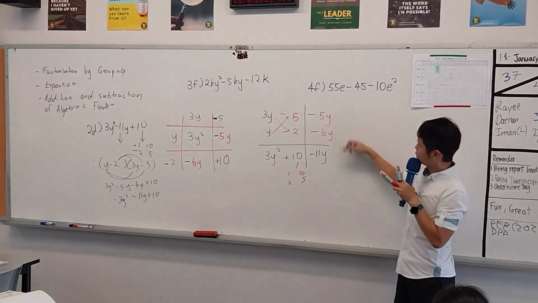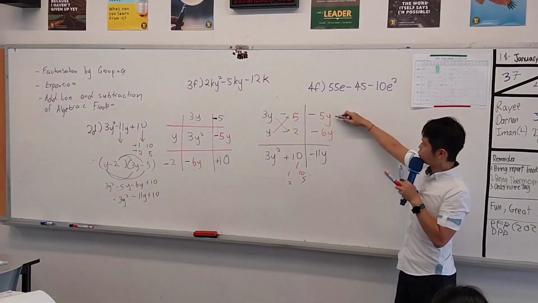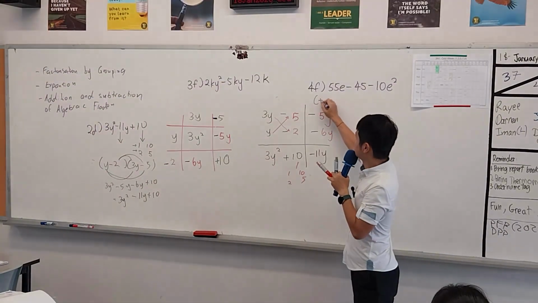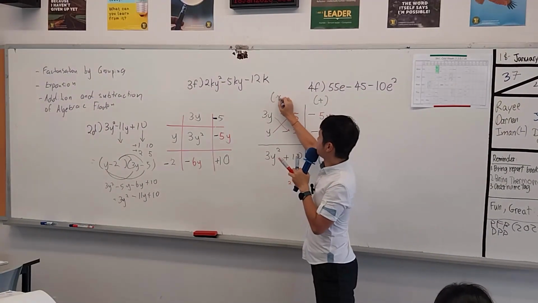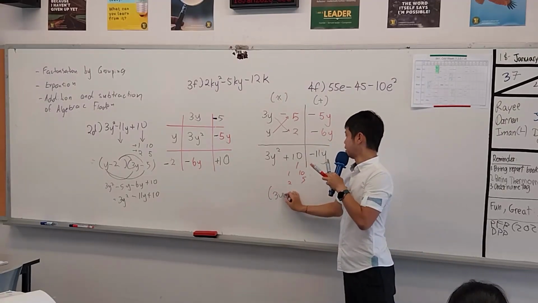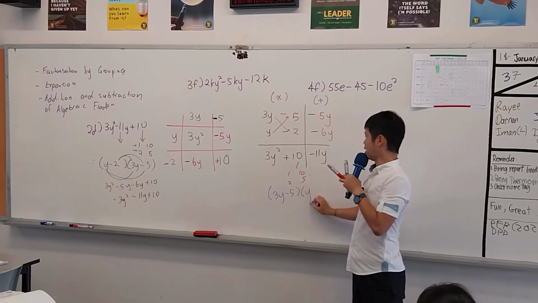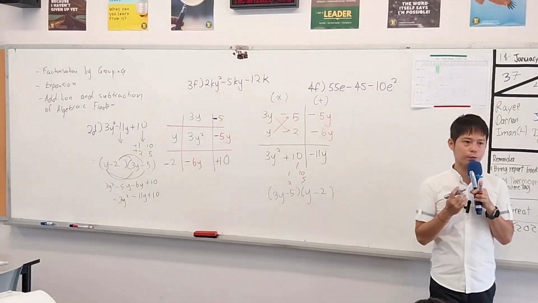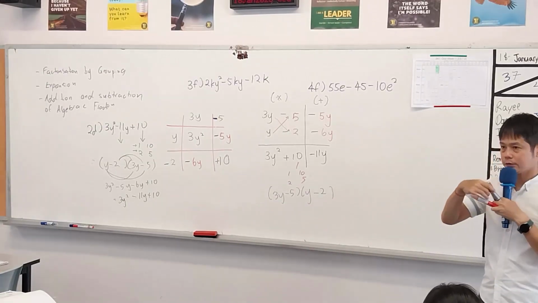I checked already. This one plus this one will give me negative 11. So this part is doing addition. This part is doing multiplication. I will have 3y minus 5 and y minus 2. And when I expand it, I will still get 3y squared minus 11y plus 10.